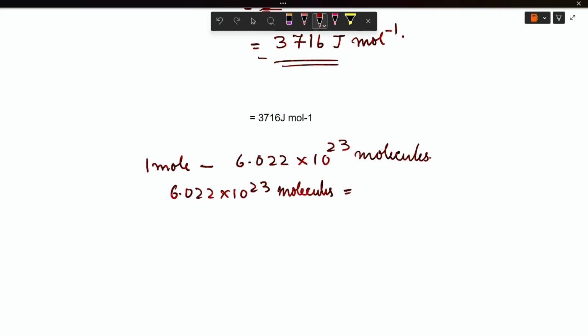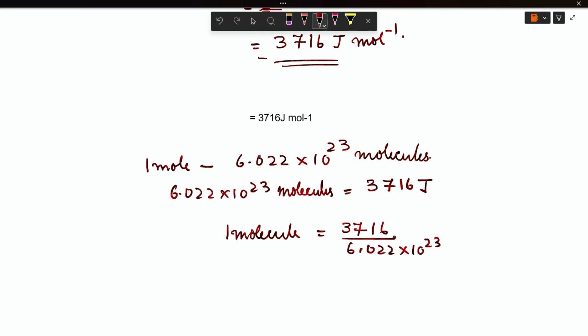This is for 1 mole, that is 3716 joules. So many molecules together, they have a kinetic energy of 3716 joules. So, for 1 molecule, how much will it come? Just divide it by the number, that is 3716 divided by 6.022 into 10 to the power 23.